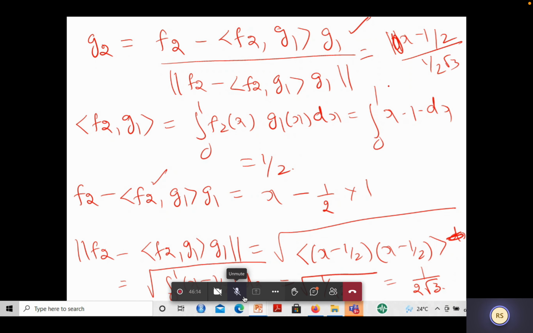That is root 3 into 2x minus 1. This is your G2. So 1 comma x is being converted into 1 comma root 3 into 2x minus 1. The norm of G2 will be 1, but you have to use the proper definition and check whether its norm is 1.